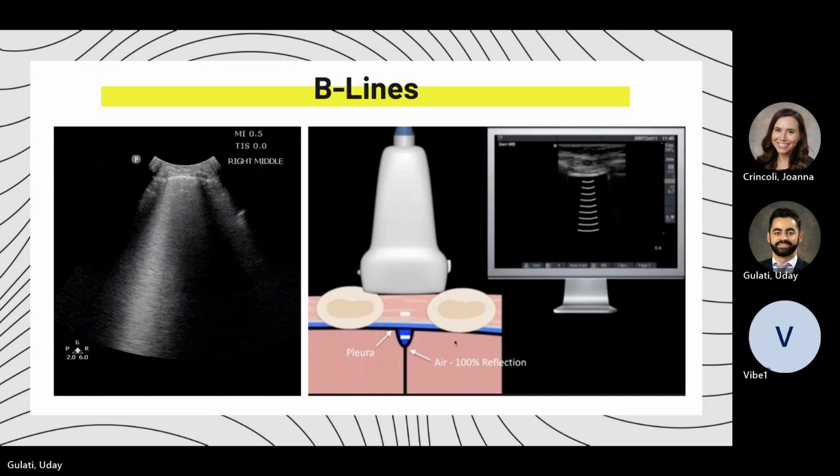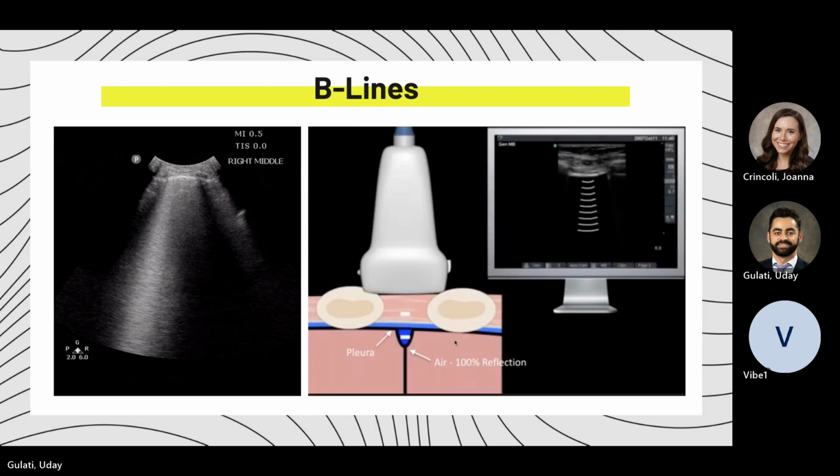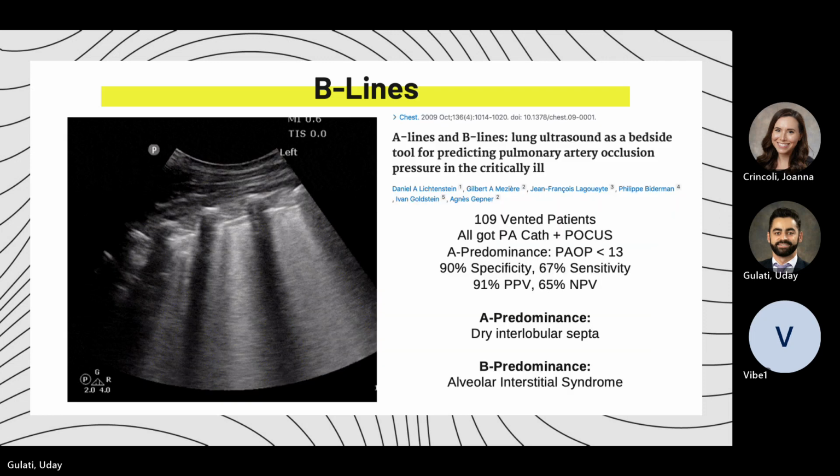If you look again at this diagram, that point where your lymphatic and vessel systems converge is what's creating this artifact of B lines. It was first discovered when they did studies to characterize A lines and B lines.